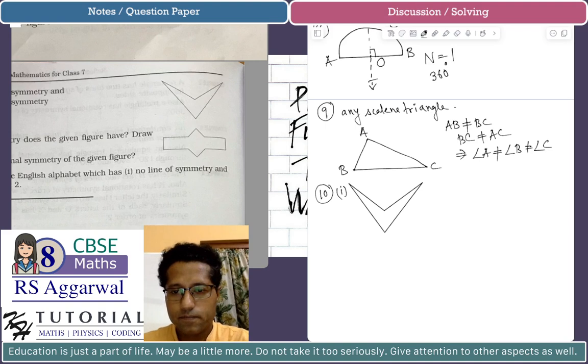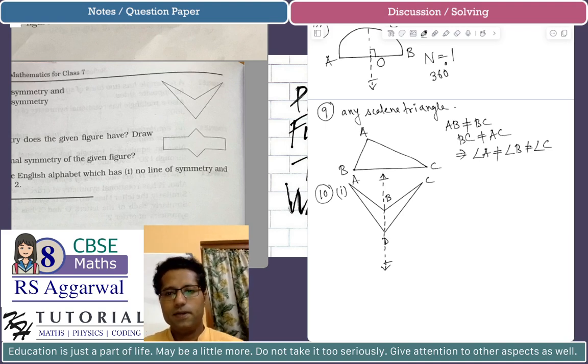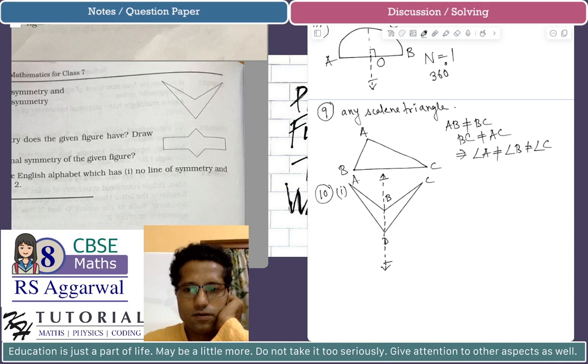So clearly, if this figure is ABCD, then the line joining B and D will be the line of symmetry for this figure. So BD will be the line of symmetry.